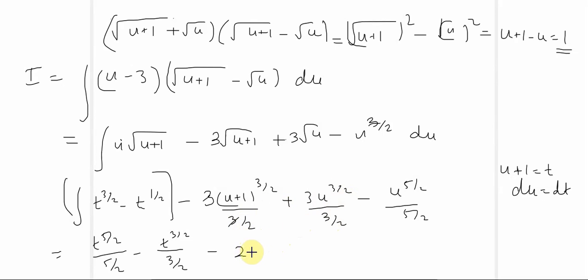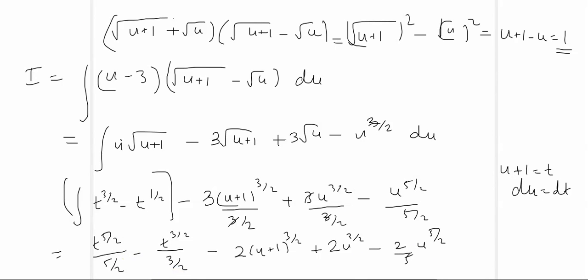So now let's substitute back, where I think we might have a few terms to cancel over here. So let's keep it that way and only change it at the next step. It's 2 by 5 u power 5 by 2. The first term was 2 by 5 t power 5 by 2. T is u plus 1, so this is u plus 1 power 5 by 2.